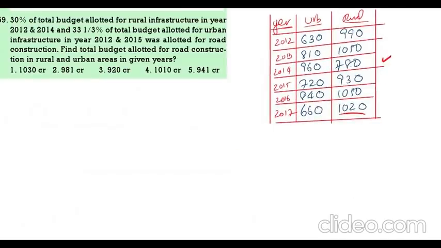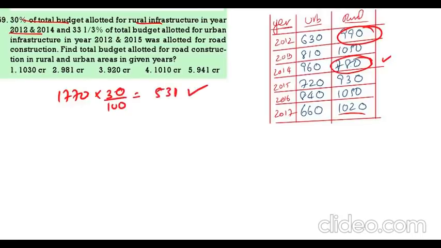If 30% of the total budget allotted for rural infrastructure in 12 and 14 and 33 1 by 3 of urban in 12 and 15 for road construction, find the budget allotted for road construction. Now 12, 14 rural: 12 rural 990, 14 780, 990 plus 780 is 1770. In this 30% is allotted. 30% means into 30 by 100. So 177 into 3, that is 531.